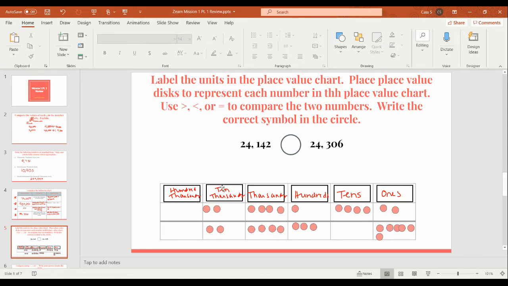and I'm going to compare. So I have 10,000s. Well, those are the same, so we're good. My thousands, well, those are the same. Okay, now my hundreds. This top number has only 100 and this bottom number has 300s. So since they've been the same all the way up until this point, this is a good indicator that this number is larger because the next largest place value, this digit has more.